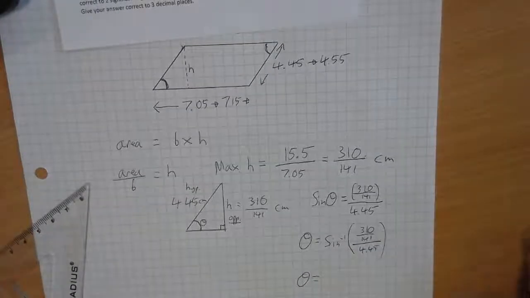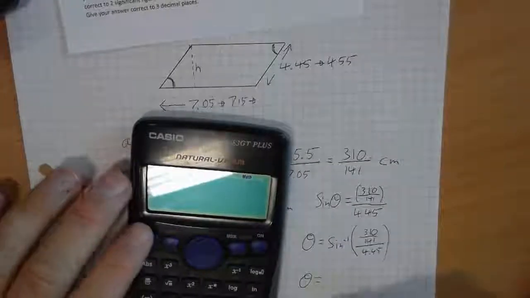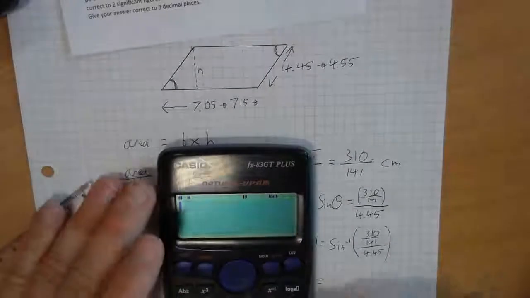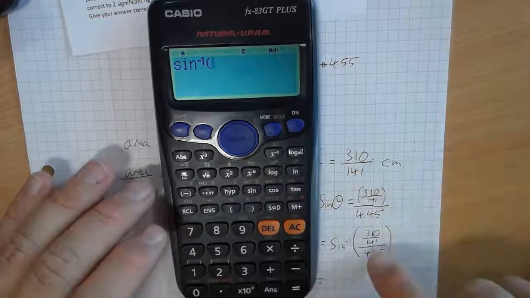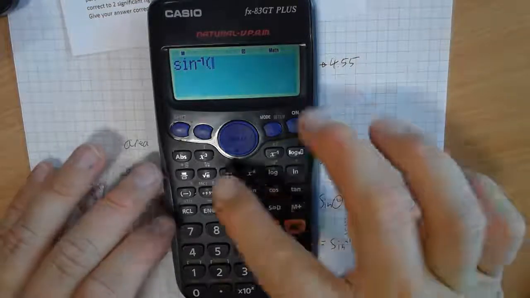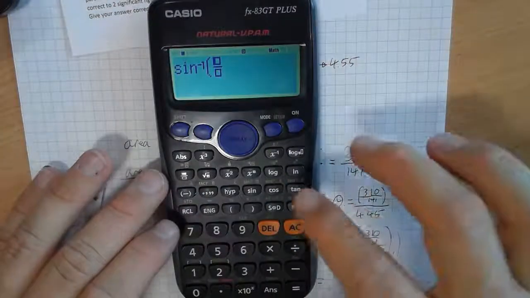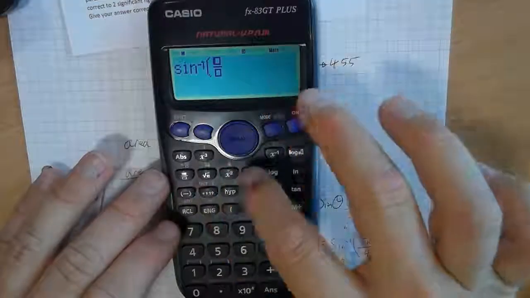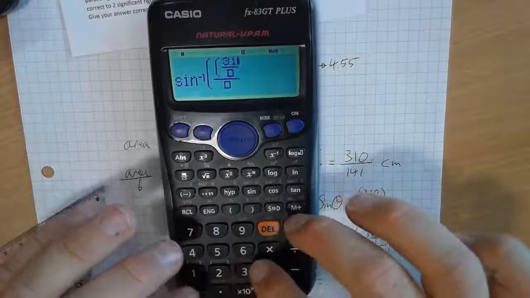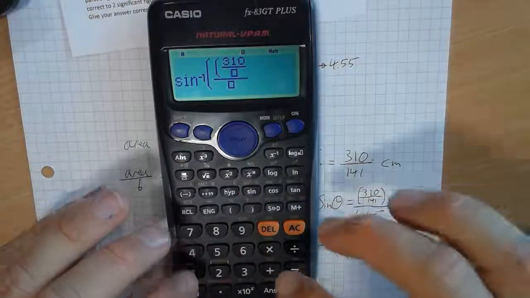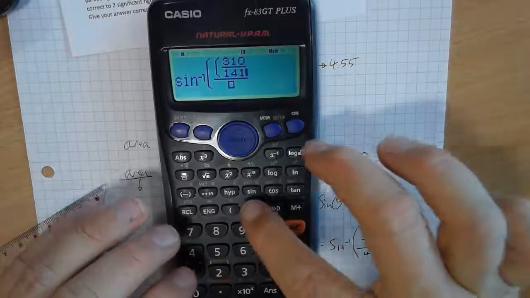Theta equals sine minus 1. Okay, let's set this up. So I'm going to have a fraction, and then I'm going to have a fraction within a fraction. And that gives me 310 over 141.